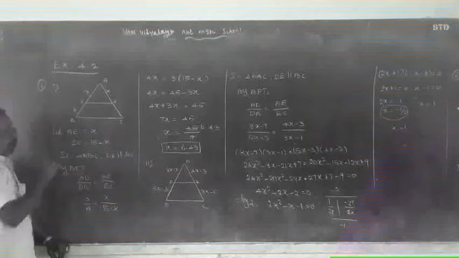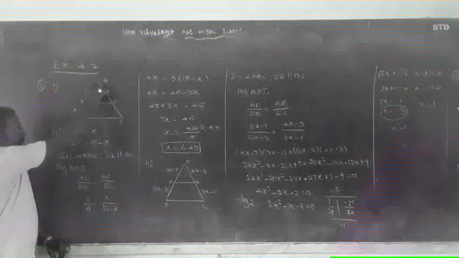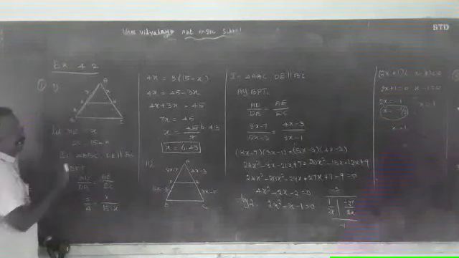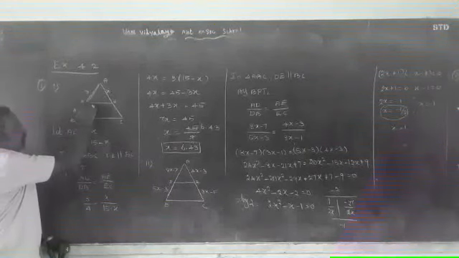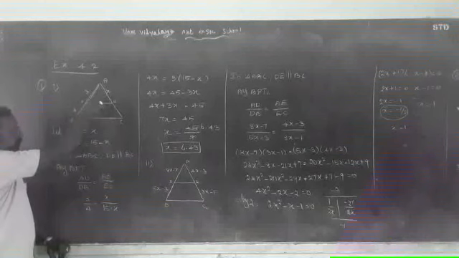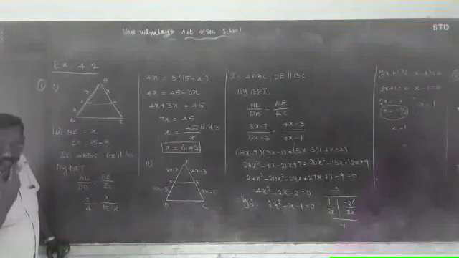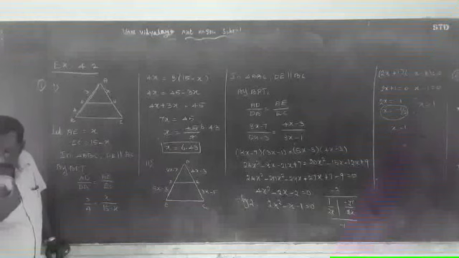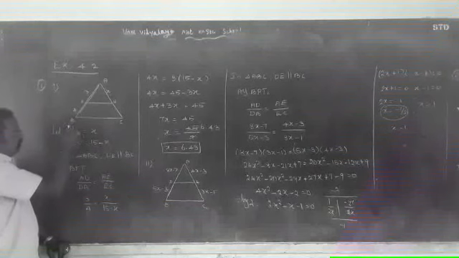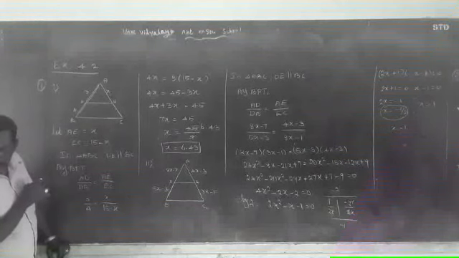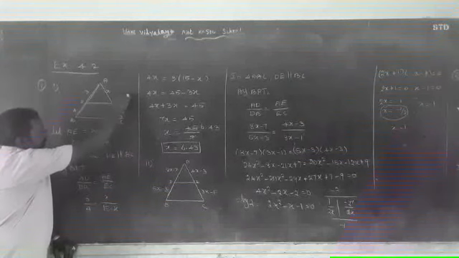Question number 1. In a triangle ABC, D and E are the points on the sides AB and AC. AC equals 15 centimeters on this side.